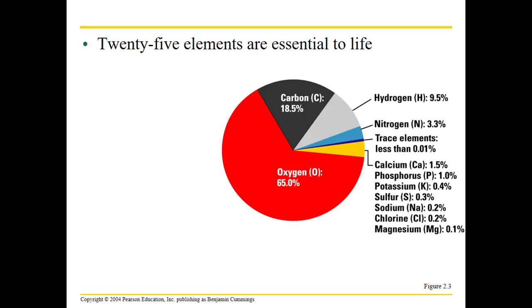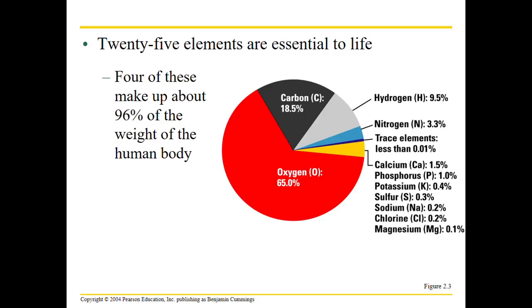So these are 25 elements essential to life, and they are actually essential. If we did not have them, we would die. These lower levels down here are called trace elements. They occur in smaller amounts. And these other ones, carbon, oxygen, hydrogen, nitrogen, make up 96% of the weight of the human body. Look how much oxygen takes up.